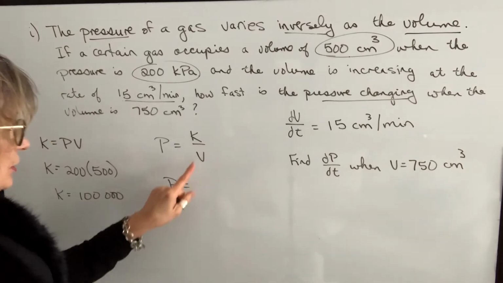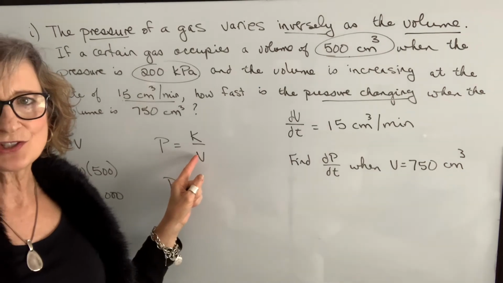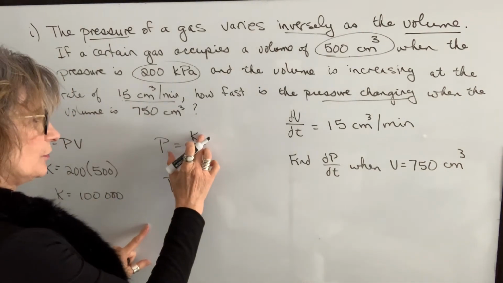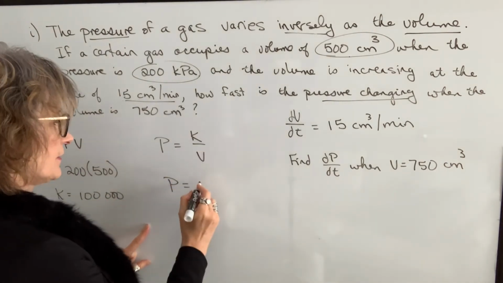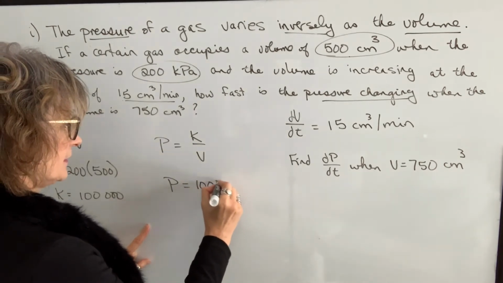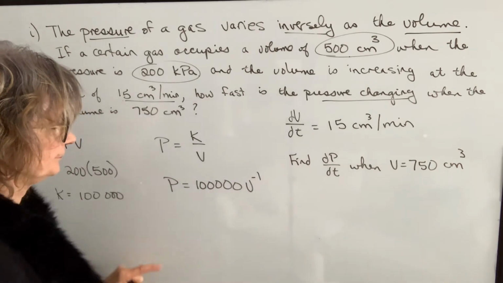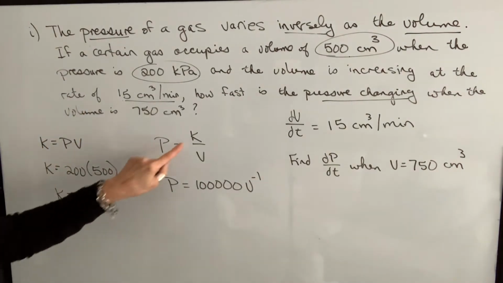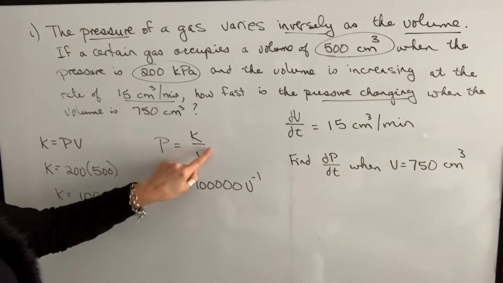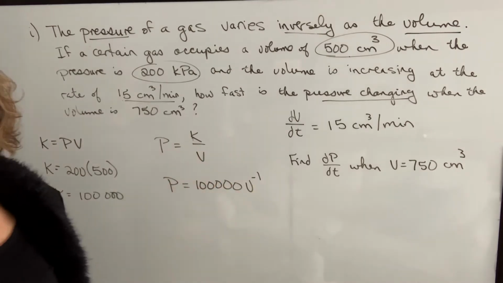Now another thing I'm going to do, I don't want to use the quotient rule when I differentiate this, and I don't need to because my numerator will be constant. So I'm going to write that as 100,000 times V to the negative 1. So I found K, and then I brought volume out of the denominator by giving it a negative 1 exponent.